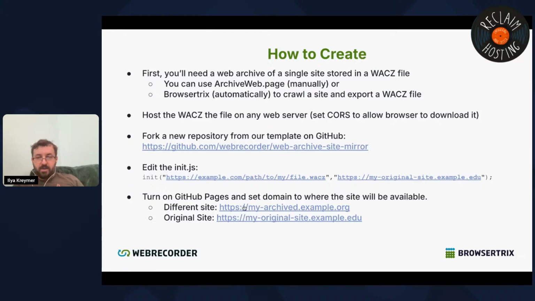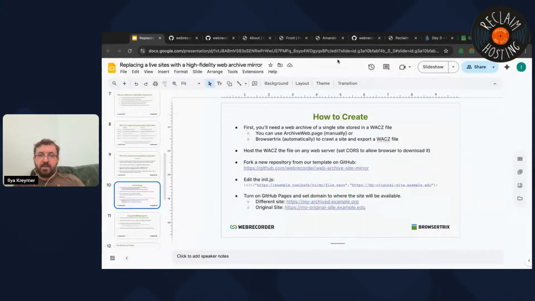It could be a different site, or you set the hosting on GitHub Pages to whatever site you want it to be available on, and GitHub Pages provides the hosting in that example.